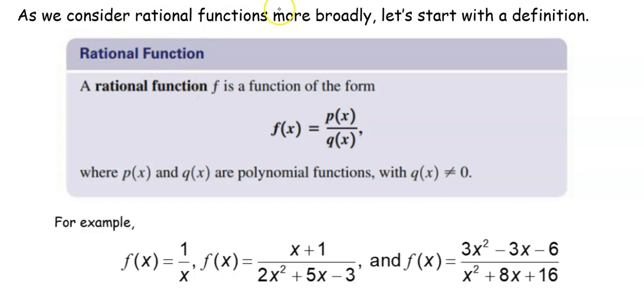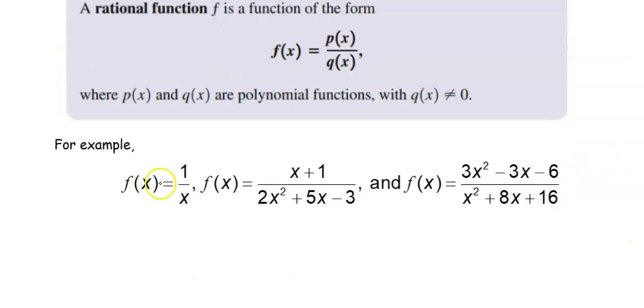So let's consider our rational functions more broadly. Of course, we're going to have p of x and q of x. A rational function is a fraction, so we know the bottom can't be 0. In all of these, f of x is 1 over x. This is a rational function, but remember, x cannot equal 0.